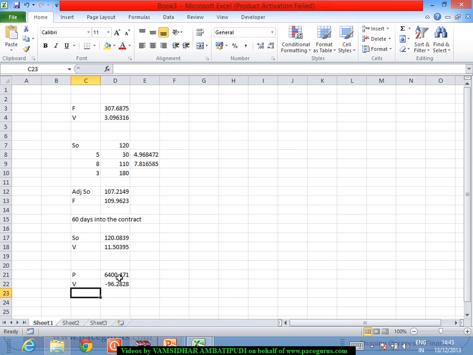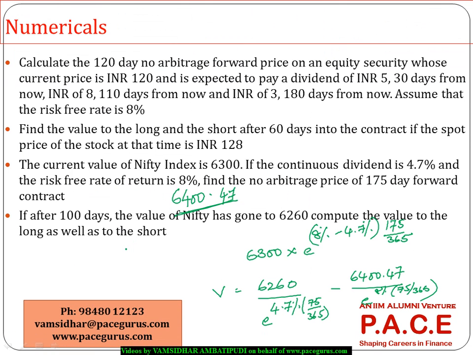Which is working out that the value is minus 96.28, which means the long is losing 96.28 bucks, whereas the short is gaining 96.28 on this contract after the 100 days into the contract.